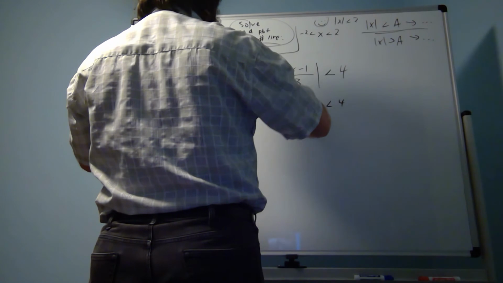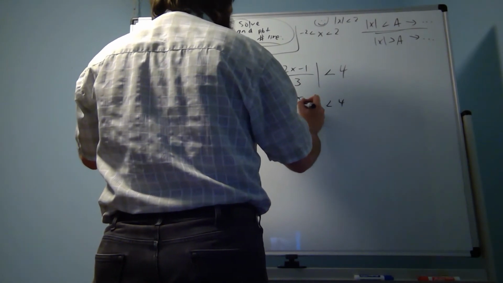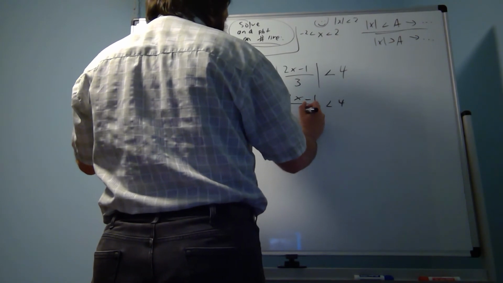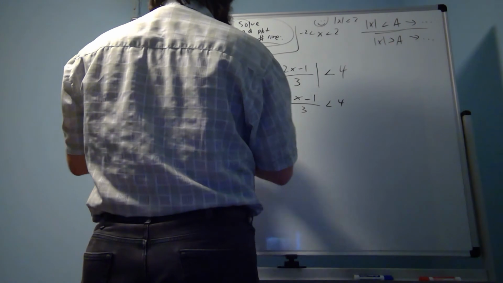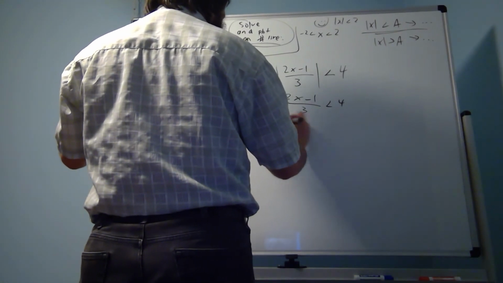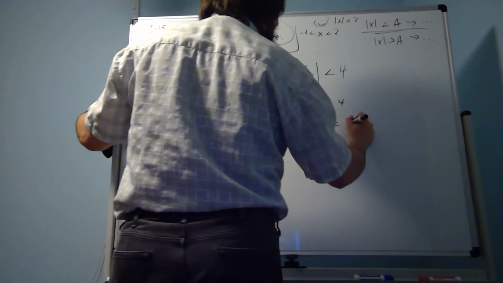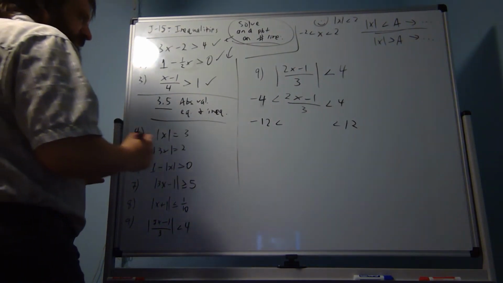So less than is the simultaneous one. 2x minus 1 is bigger than minus 4, but it's also less than positive 4. So multiply by positive 3. I can't emphasize this enough: I'm multiplying by positive 3, so the inequality does not flip.